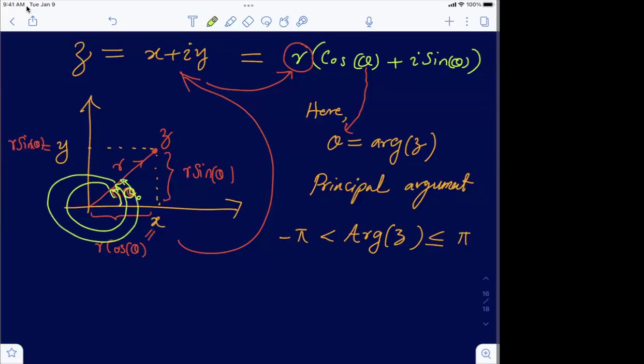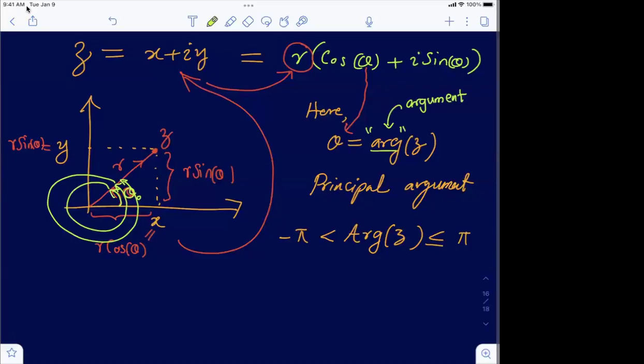So that simply means this angle theta is not going to be unique, and we will give it a special name: we call it the argument. So arg. Be very careful in this case, because when you write this notation, do not write the uppercase in front unless you really mean it. Why?